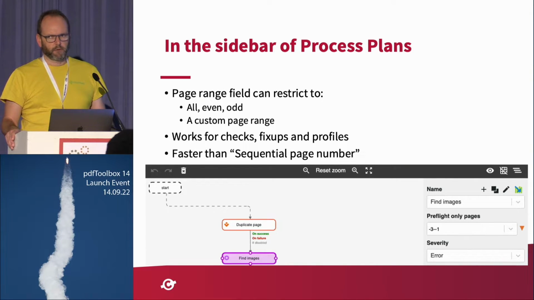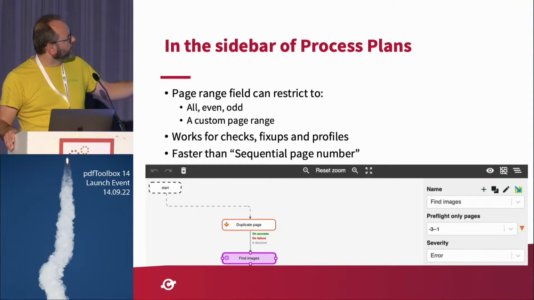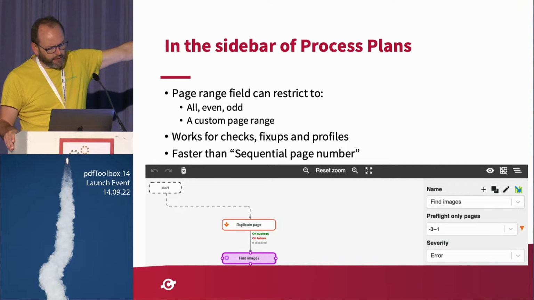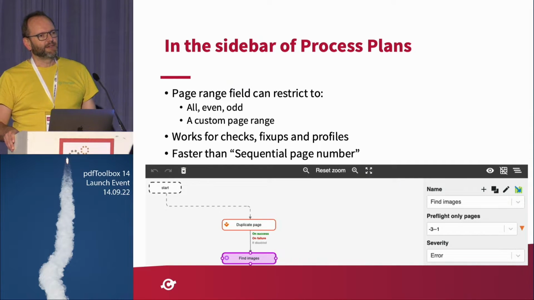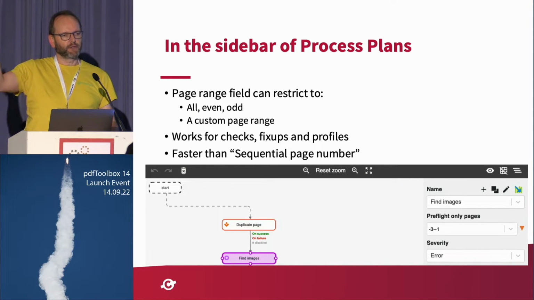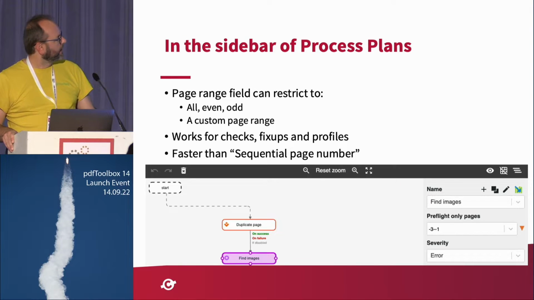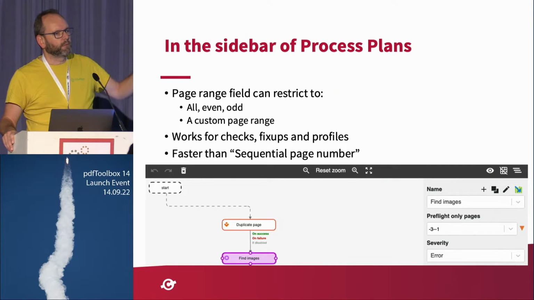Page ranges were introduced also in 13, I believe, the expanded use of page ranges throughout the product. And so you can see an example there that I have added. This says -3 -1. If you don't know what that means, it means starting at the third last page up until the last page. So the preflight check is only going to be run on that.